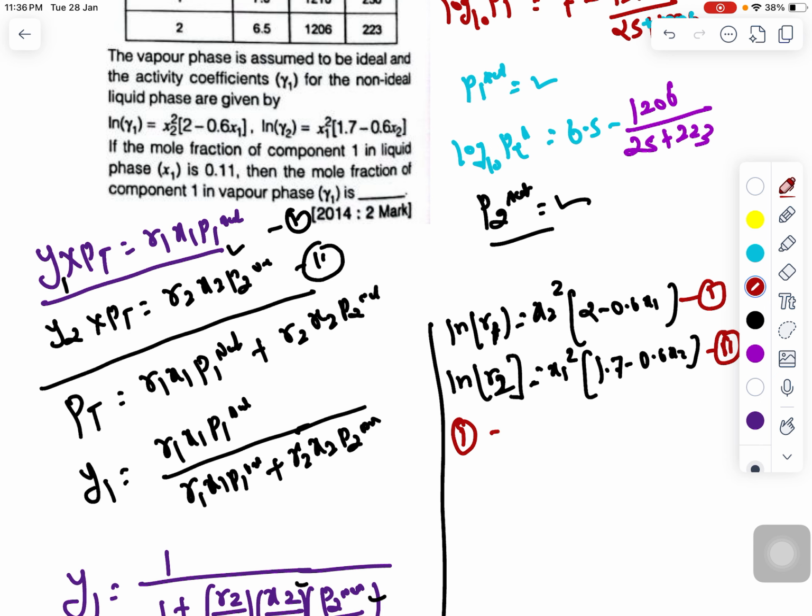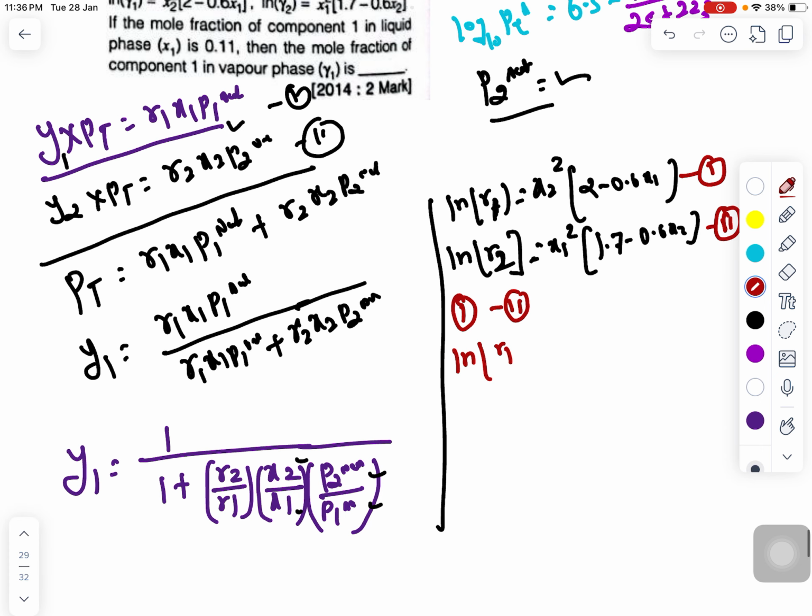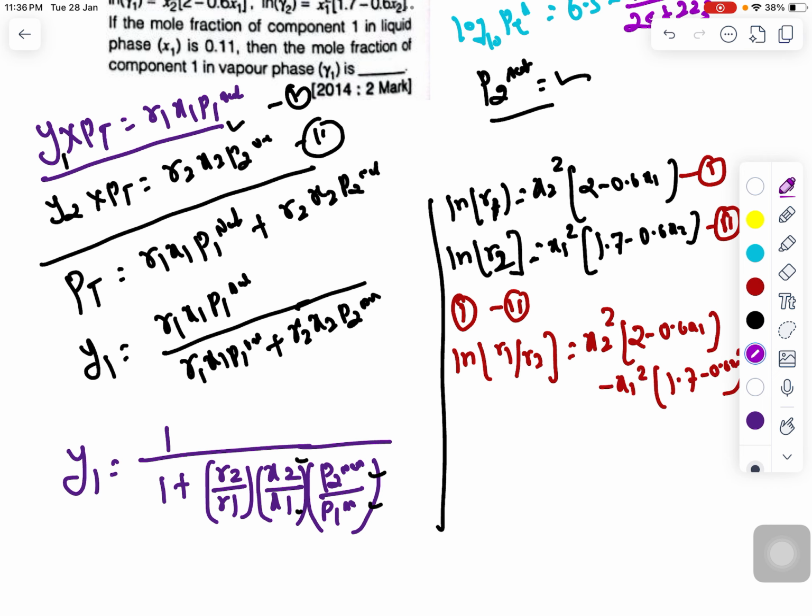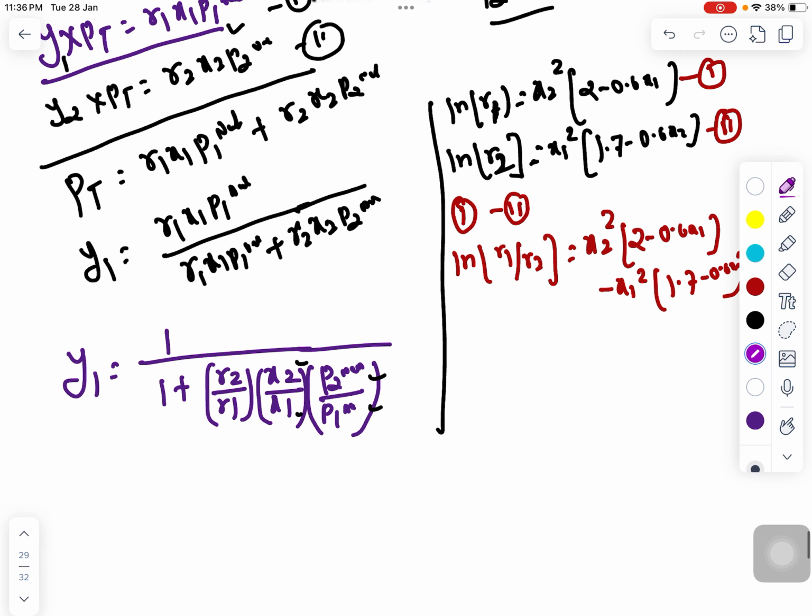So if I subtract equation first and second, I can write ln gamma 1 divided by gamma 2 is equal to x2 square into 2 minus 0.6 x1 minus x1 square into 1.7 minus 0.6 x2, something like that. Okay, so if you do the calculation here, it's a very simple calculation.